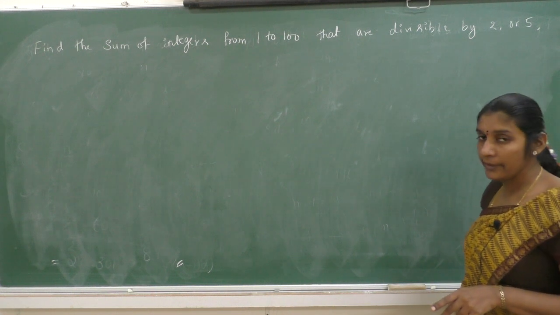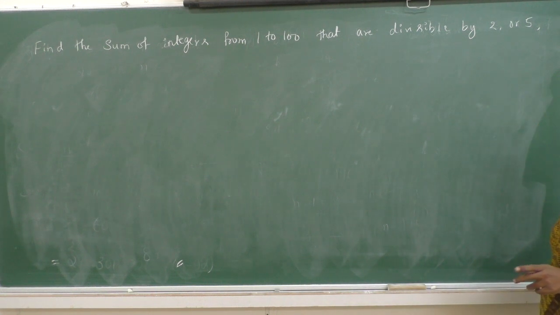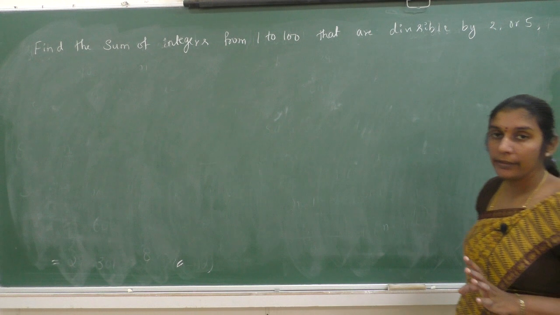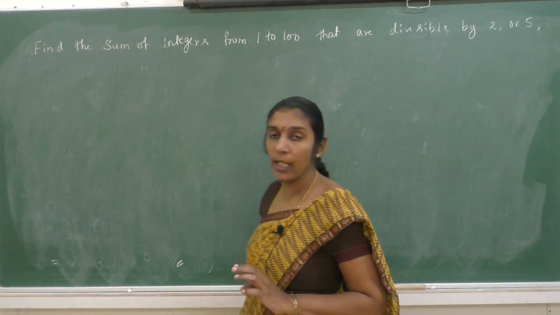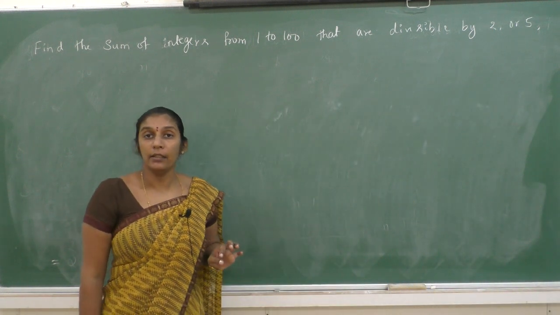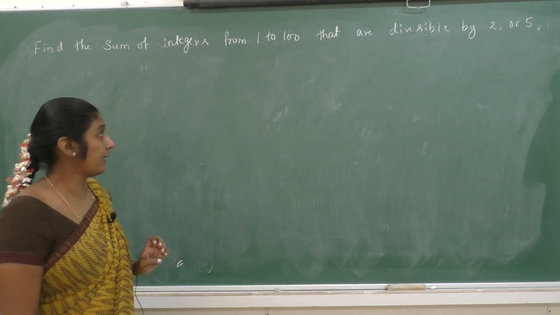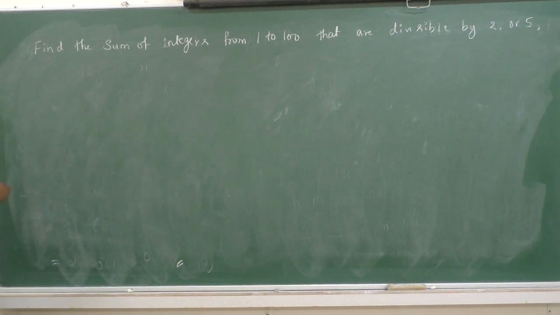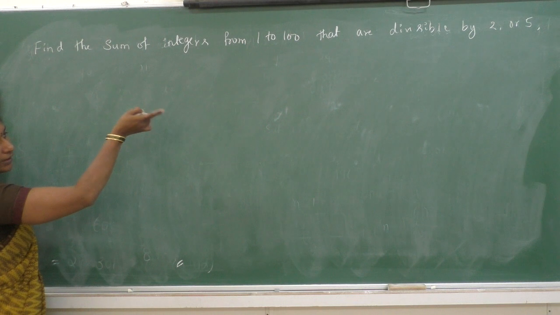1 is included, 100 is included, and they are divisible by 2 or 5. They are asking us to add the numbers divisible by 2 or 5. So the sum of the integers from 1 to 100 that are divisible by 2. First number 1 is not divisible by 2.